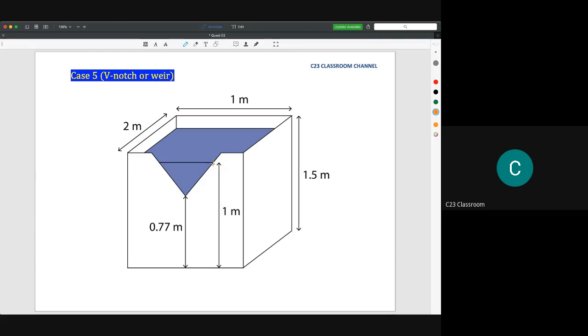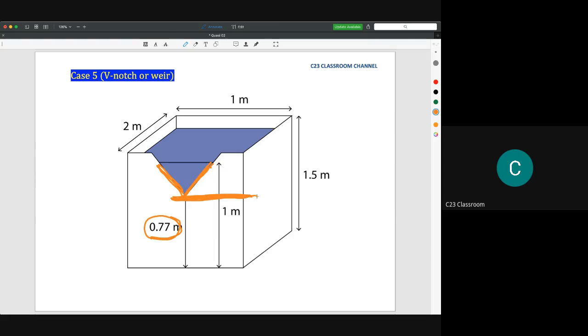Because the opening of the water is only like this, after the water level reaches this height, the water will not flow. So for eternity the water will not empty the tank. You cannot empty the tank because the outlet is only until 0.77 meters from the datum. So the trick of this question is the water is flowing until this level only.